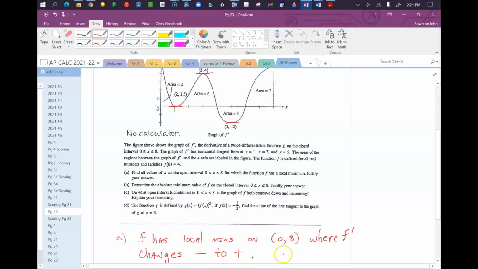So where would that be? At x equal 6 is where f prime changes negative to positive up there on that graph.